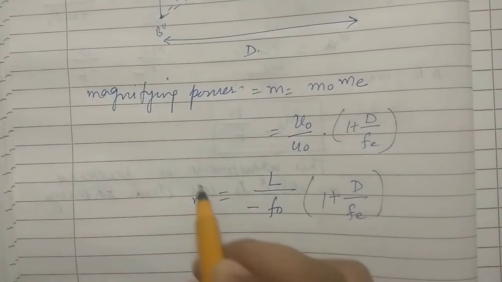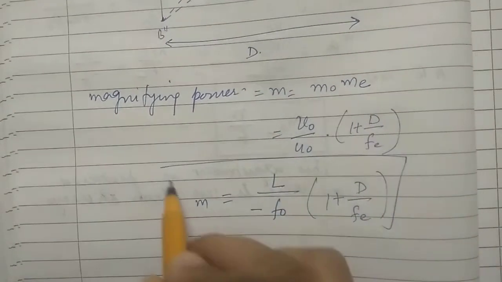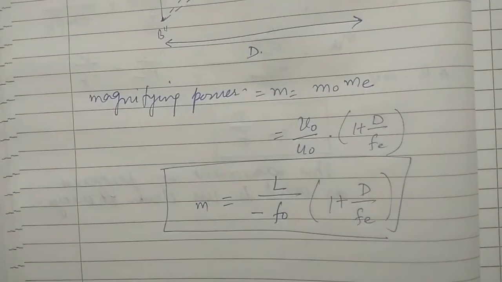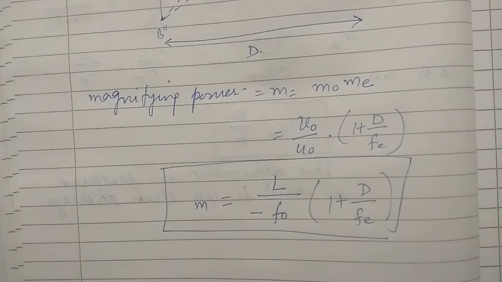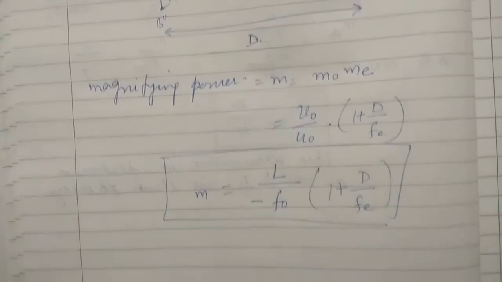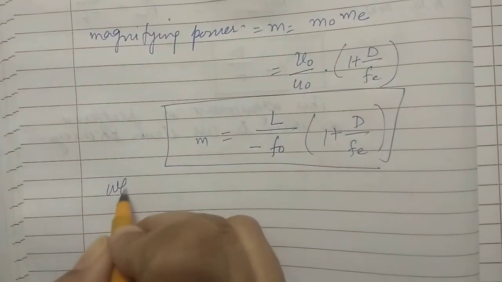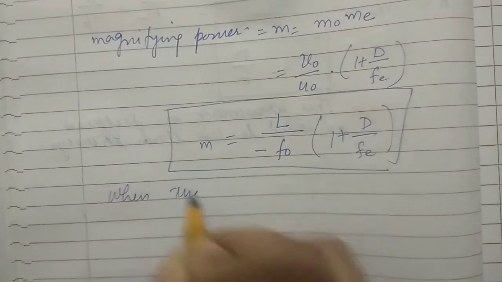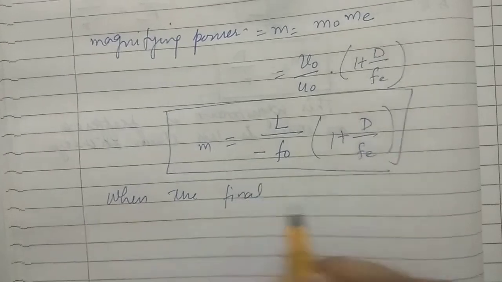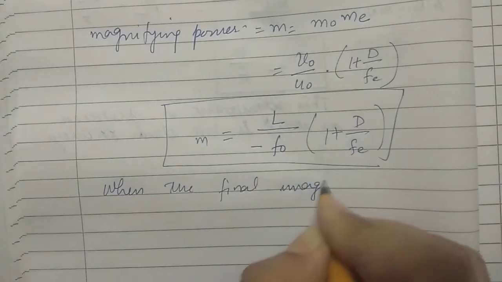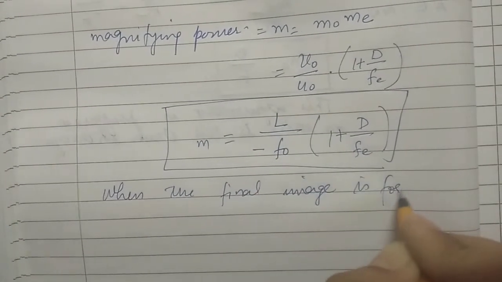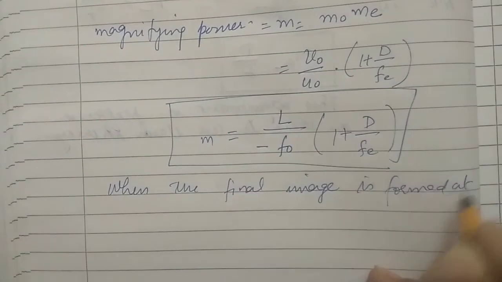So this is the total magnifying power of the compound microscope when the final image is formed at the least distance of distinct vision. But the second case is when the final image is formed at infinity.